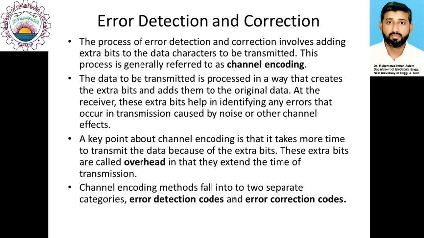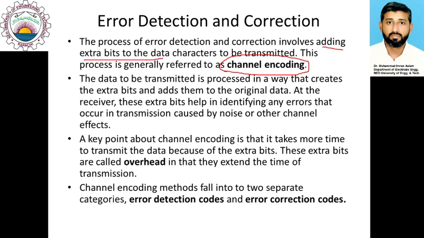So we can use some coding scheme in order to achieve some error detection and error correction capability in digital communication. This process is generally named as channel encoding in digital communications. So in channel encoding, what we do is add some extra bits in the data.